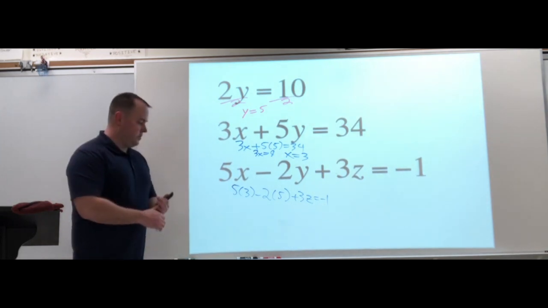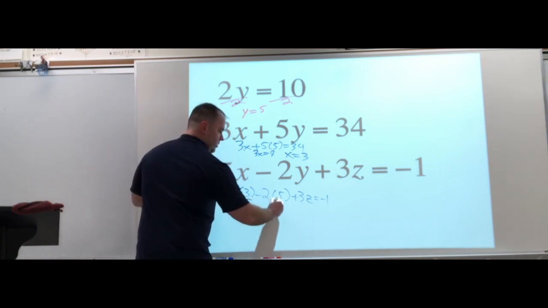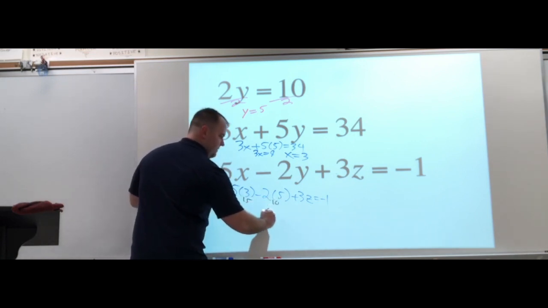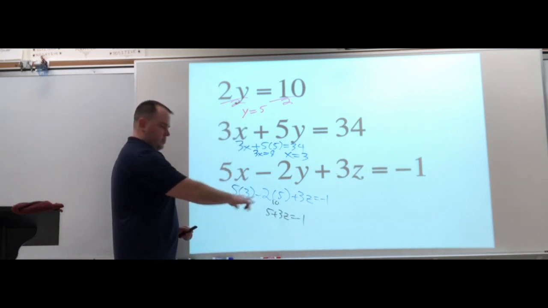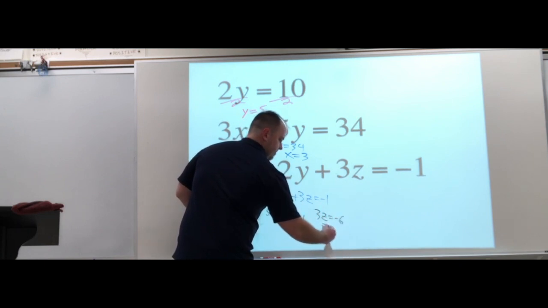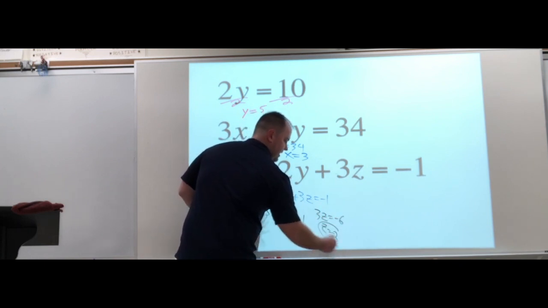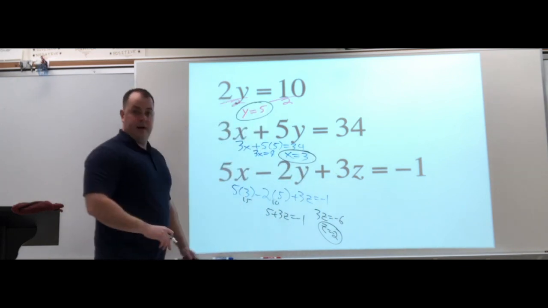And just doing some multiplying, combining like terms, we get 15 minus 10 is 5 plus 3z equals -1. Subtract your 5. Z equals -2, x equals 3, y equals 5.